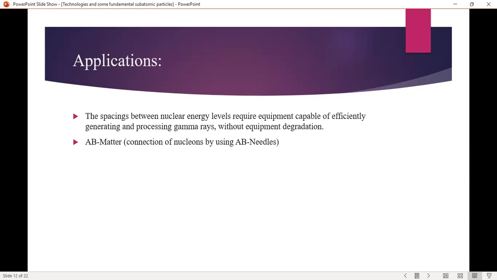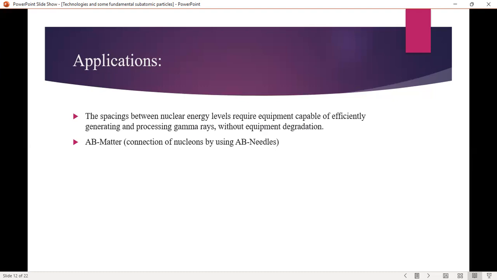Take this example: a cricket stadium that is completely hollow and empty, and just one pea is placed in the center of the whole stadium. The empty stadium is the empty space in the atom, and the pea in the center is the nucleus.